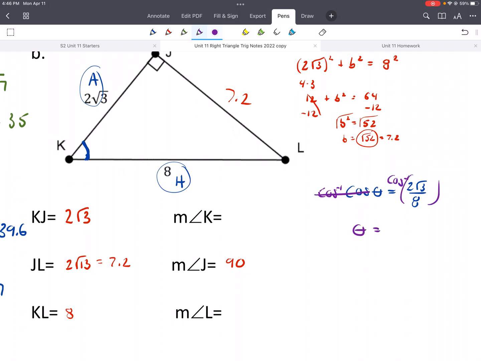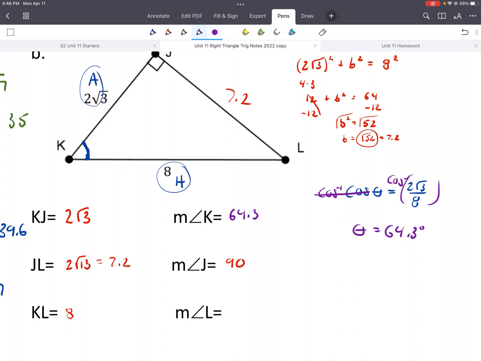And we get theta is equal to, we'll type this in, cosine inverse of 2 square roots of 3, and divide that by 8. So I got 64.3 degrees. And that's K.